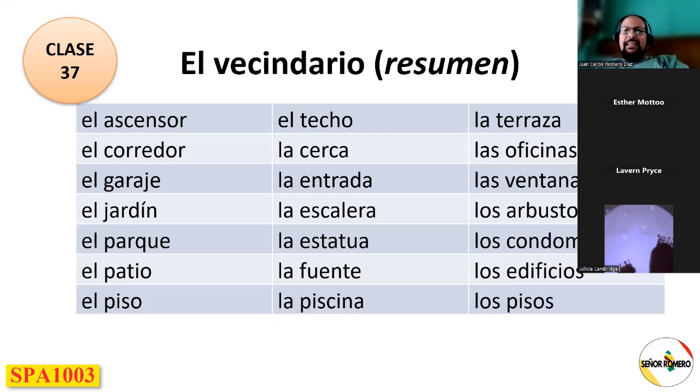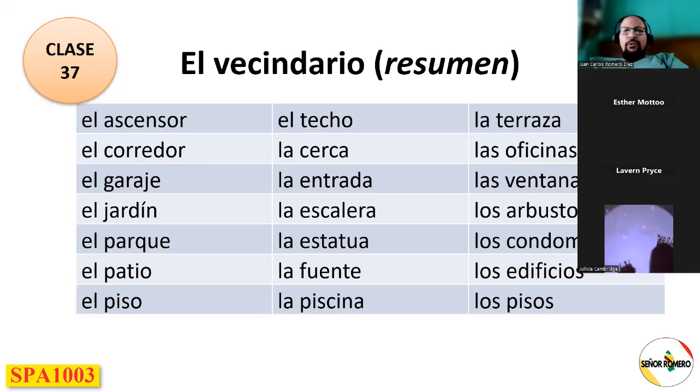You know, jardín is garden, where you plant flowers, right? But patio, it's like when in Guyana you say the yard. What you call the yard in Guyana, that is patio. It's not what you actually call patio in English. Patio in Spanish means yard.